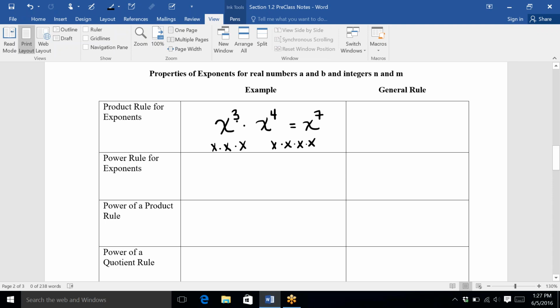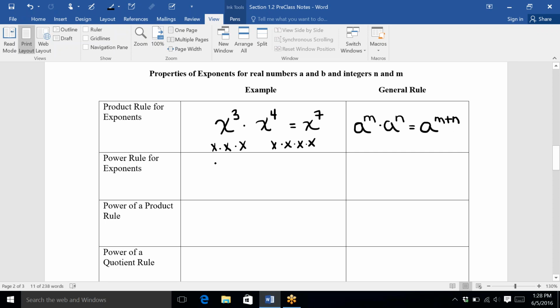So when you have the same base and you're multiplying them together, we add the exponents. So our general rule is a to the m times a to the n equals a to the m plus n. And again, the base has to be the same for the rule to even matter.